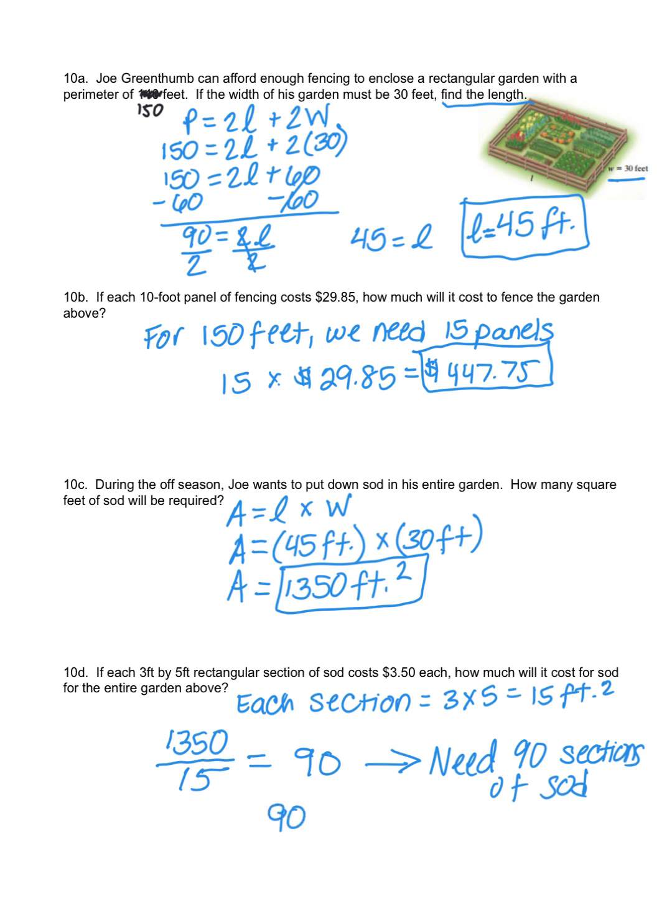So we will do 90 times $3.50, and we come out with a total of $315. So it will cost $315 for sod for the entire garden above.